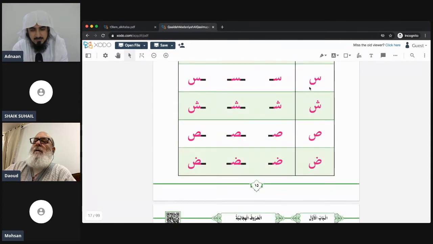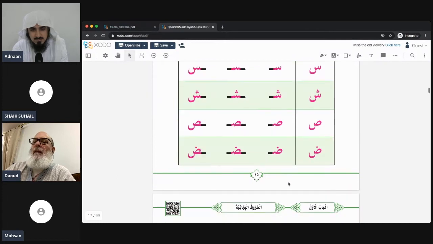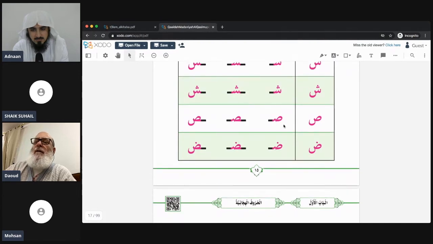Ahsant. Seen, Seen, Seen, Seen. Ahsant. Sheen, Sheen, Sheen, Sheen. Ahsant.